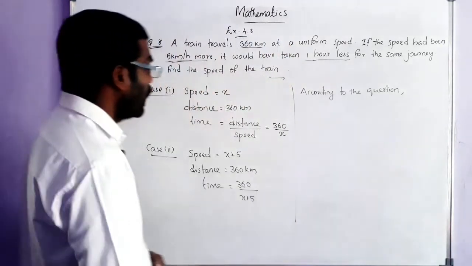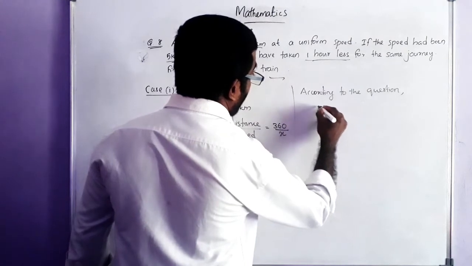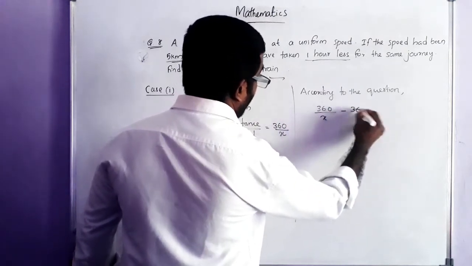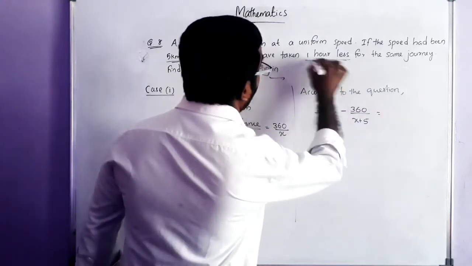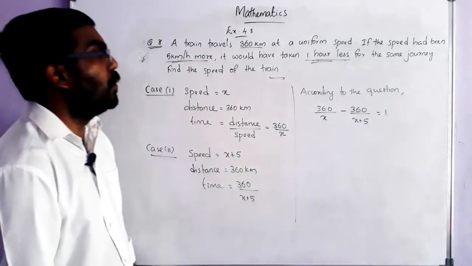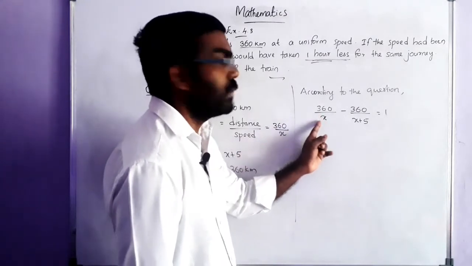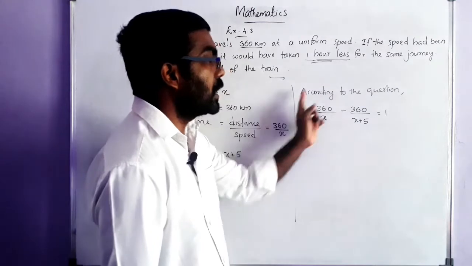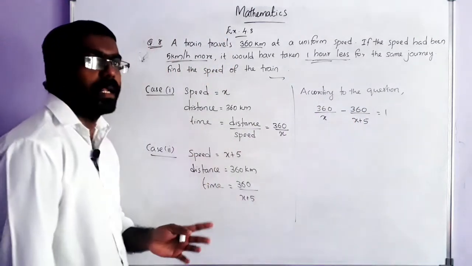So here we can write 360 divided by x minus 360 divided by x plus 5 is equal to 1 hour, 1. The difference between the two times is 1. Remember one thing, you have to write the large one first. 360 by x is the large one, 360 by x plus 5 is the smaller one. While comparing, you can identify that.